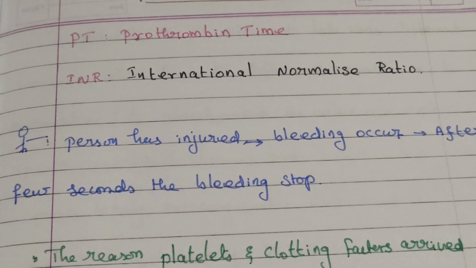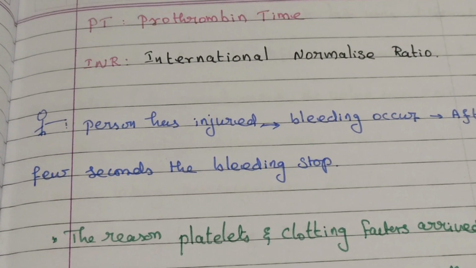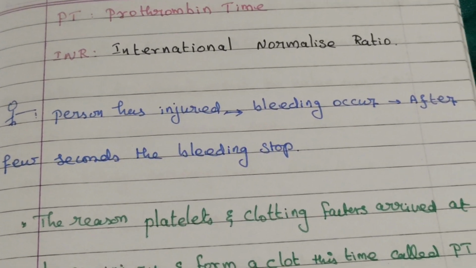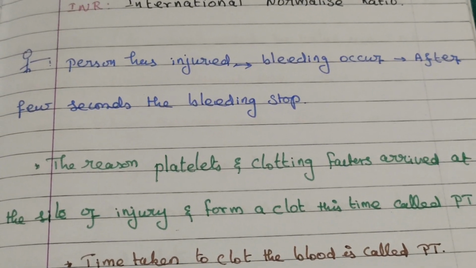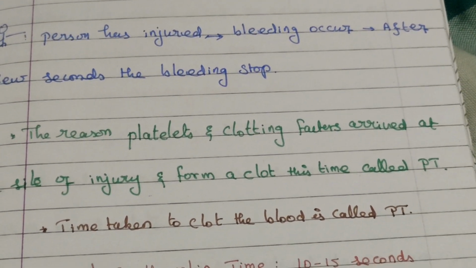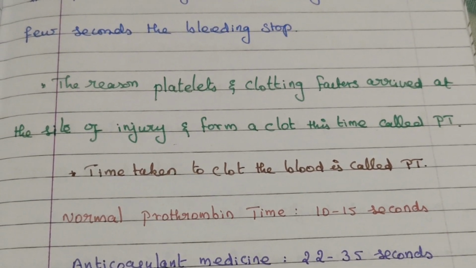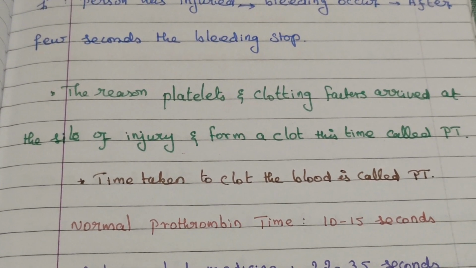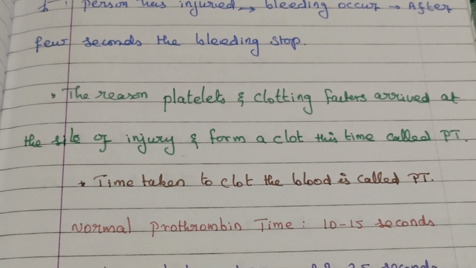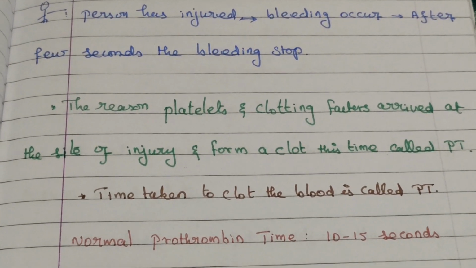The reason behind this is that whenever an injury occurs, the platelets as well as the clotting factors arrive at the site of that injury and form a clot. This time is called prothrombin time, that is, the time taken to clot. The time taken for the blood to clot is called prothrombin time.